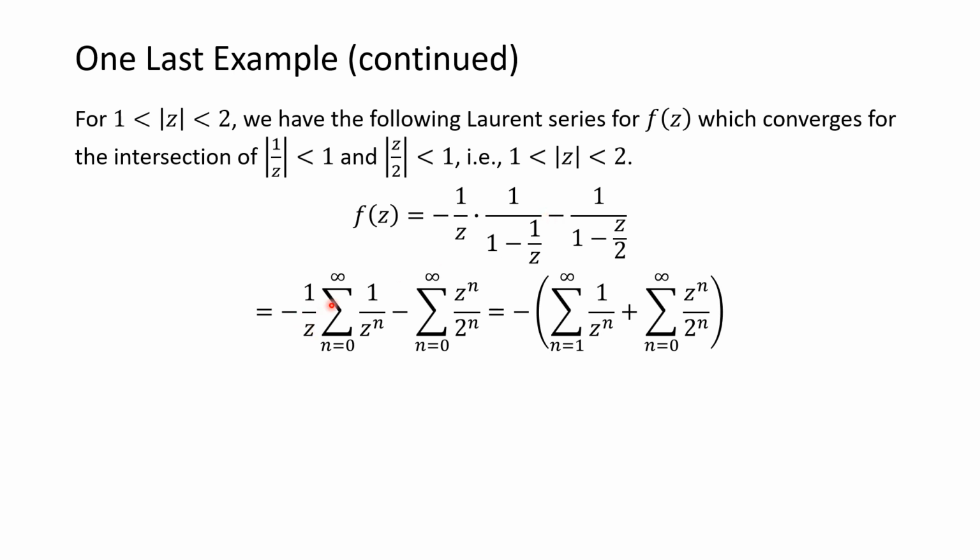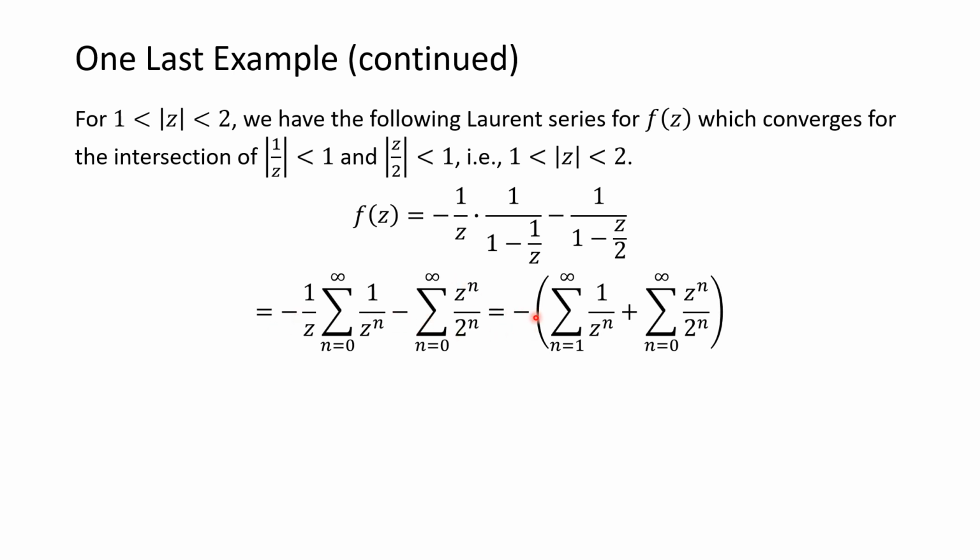Okay, so we take the minus 1 over z and we multiply that times 1 over z plugged into the formula for a geometric series, and then we have minus, and we plug in z over 2 again for the formula for a geometric series.